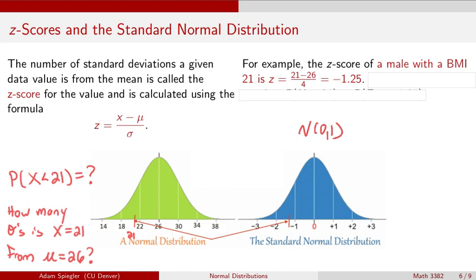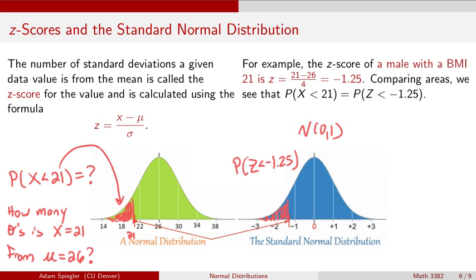And standardizing was particularly useful back in the days when we used tables to calculate areas beneath normal distributions. So this probability that X is less than 21 is going to equal the same exact area as the probability that we have a BMI that has a z-score which is less than minus 1.25.